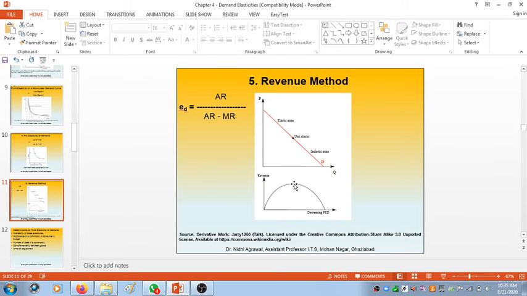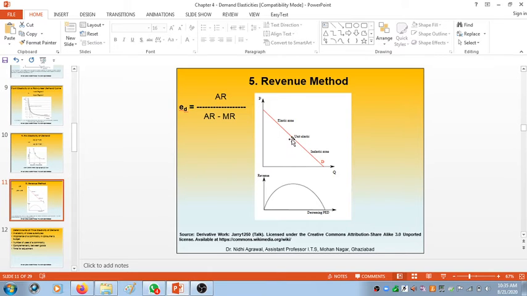When it is maximum, corresponding to this point, in the above panel we have taken the demand curve, meaning the average revenue curve, right? Because price is denoted by the demand curve, the demand curve is also known as the AR curve. So on this curve, when TR is maximum, at the midpoint of AR, according to the point elasticity formula, the elasticity value is equal to 1, right?